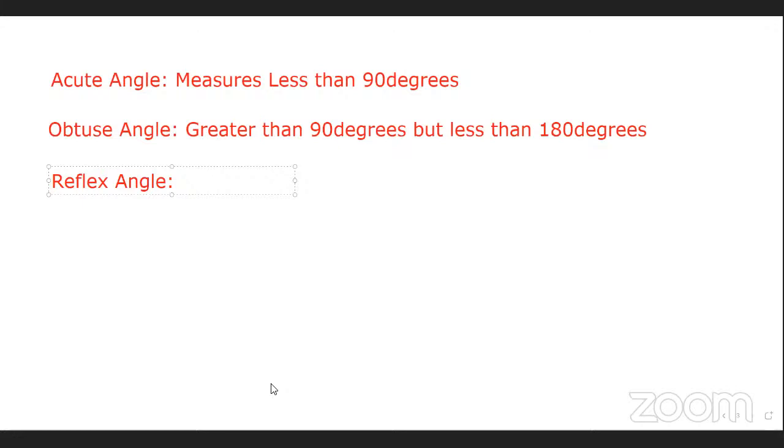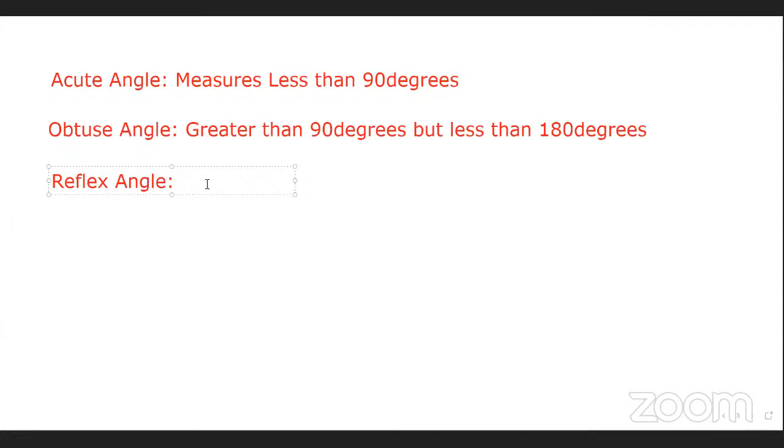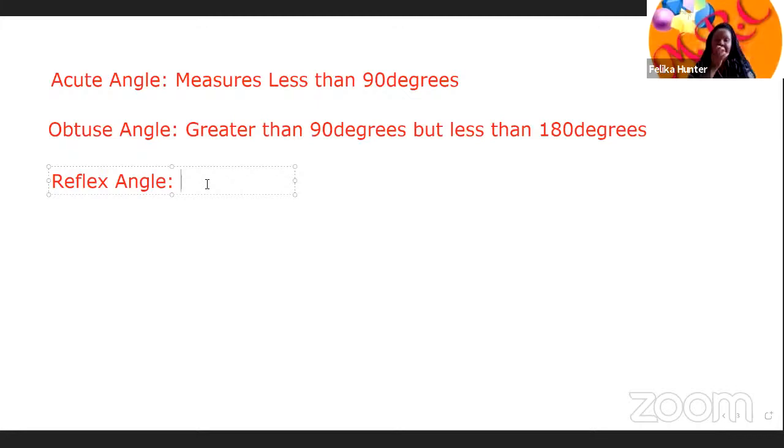A reflex angle is an angle which has more than 180 degrees and less than 360 degrees. Okay, so it has more than 180.